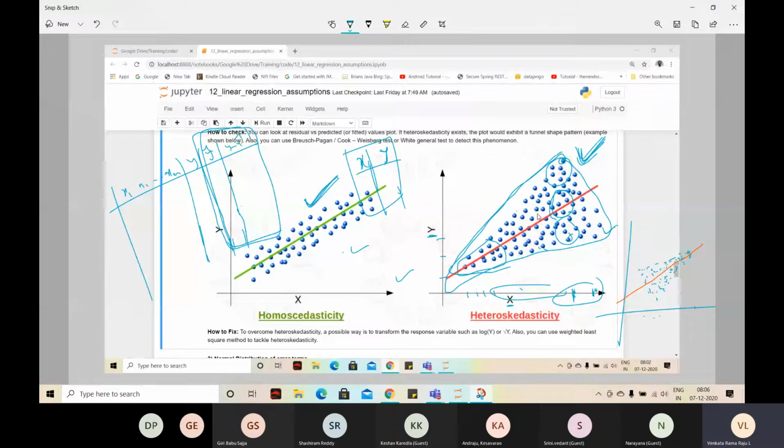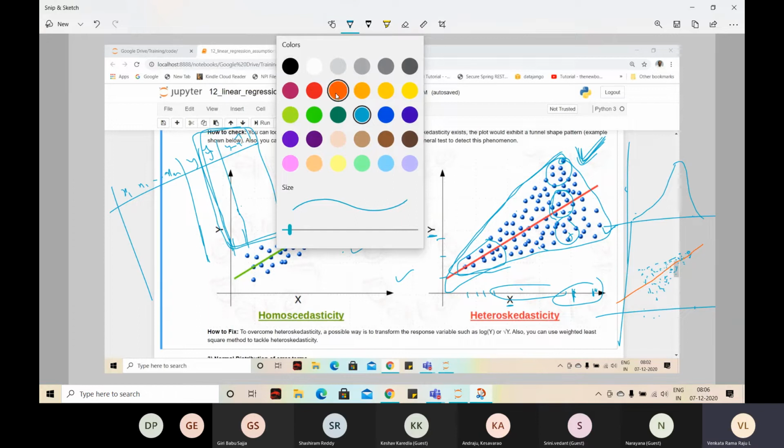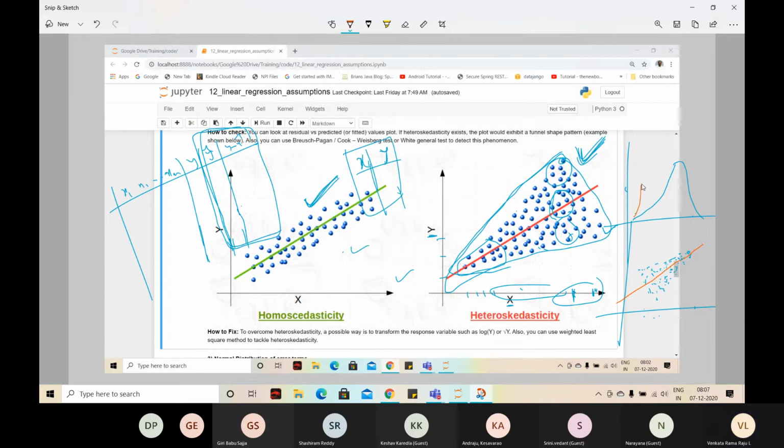If you look at only y and try to do a plot, I think Sesiram, whatever you said is right. If you only look at y, it may be left skewed or right skewed, either this way or this way.